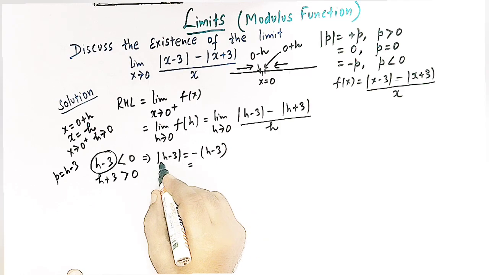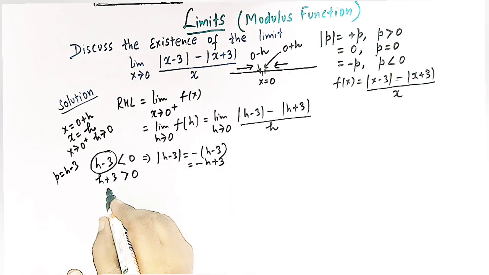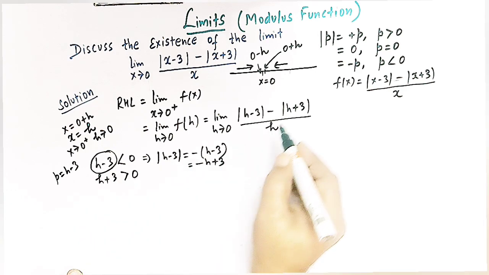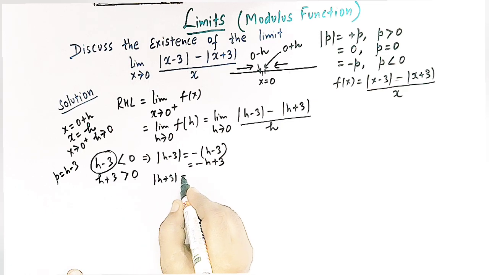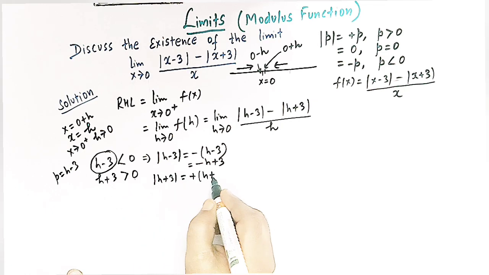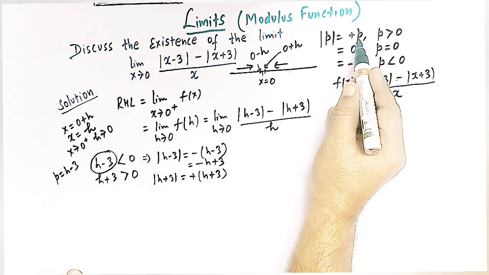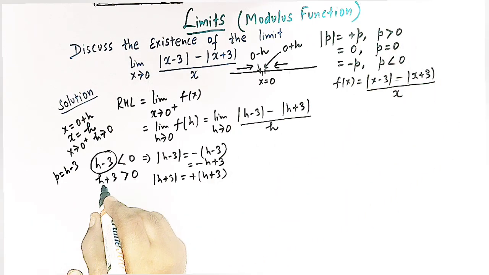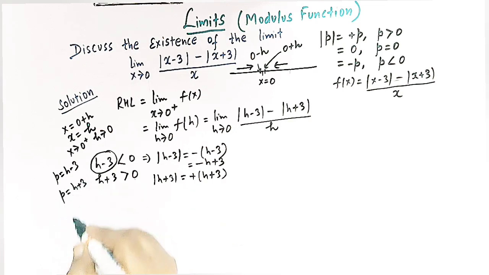So we have mod of h minus 3 is equal to minus h plus 3, right? And similarly here we have h plus 3 greater than 0, and we can now write mod of h plus 3 is equal to positive h plus 3, because mod of p is equal to positive p when p is greater than 0. So here h plus 3 is greater than 0. So in this case we have taken p as h plus 3, right?